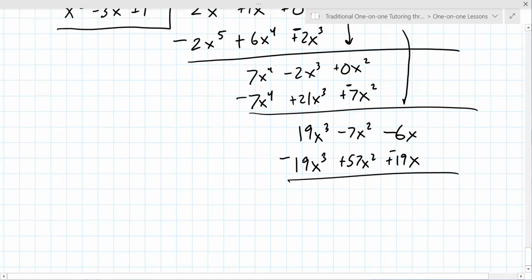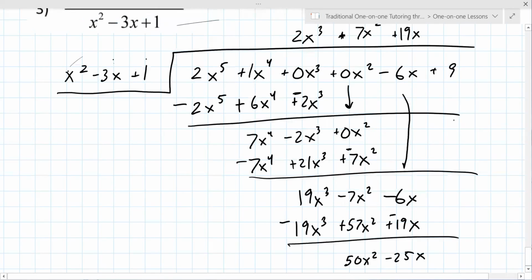So that first one is 0, 50x squared minus 25x. And then we got to bring the very last one down from above here. So where is it? 9 plus 9. So we're going to bring that 9 down.